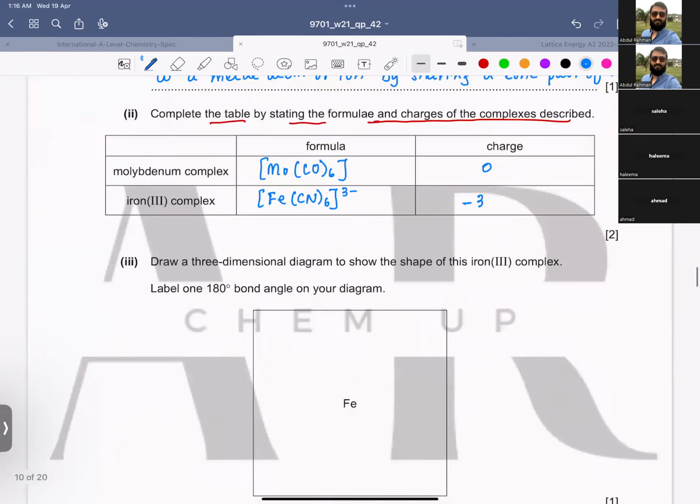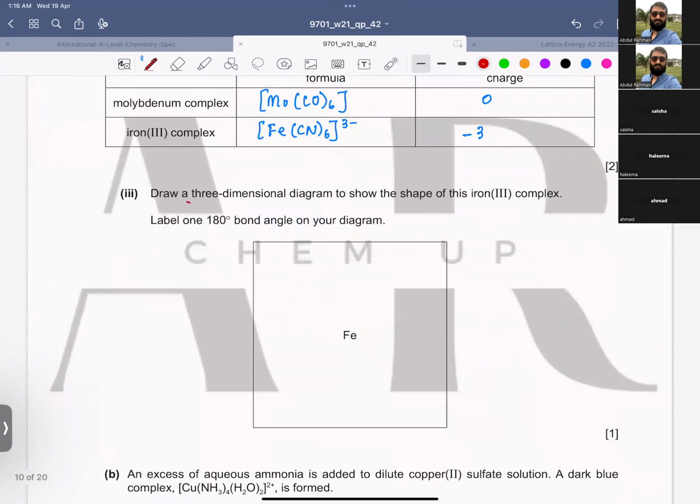Okay, now next part, draw a 3-dimensional diagram to show the shape of this iron 3 complex. Label 180-degree bond angle on your diagram.